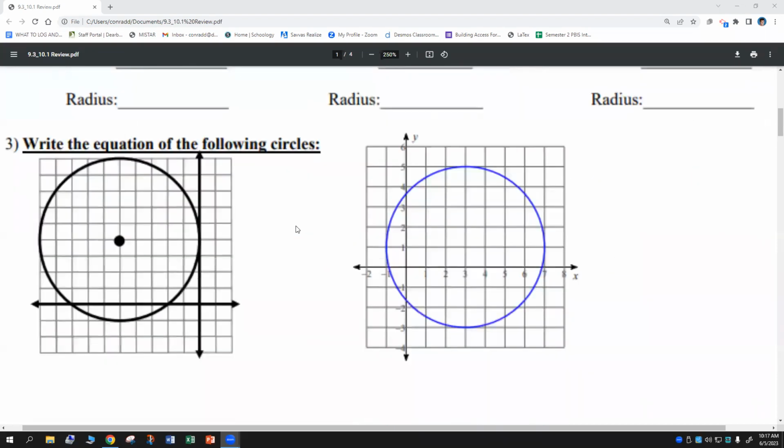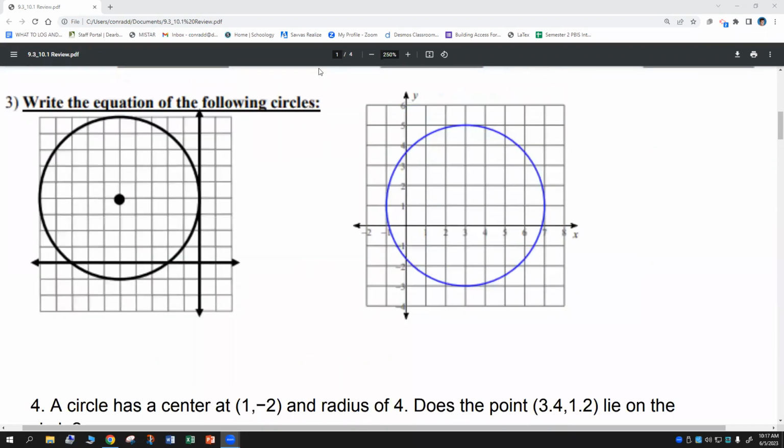All right, number 3, they want you to write the equation of the circle. Okay, so our center here is 1, 2, 3, 4, 5, 1, 2, 3, 4. So it's (-5, 4). And then your radius is 1, 2, 3, 4, 5.